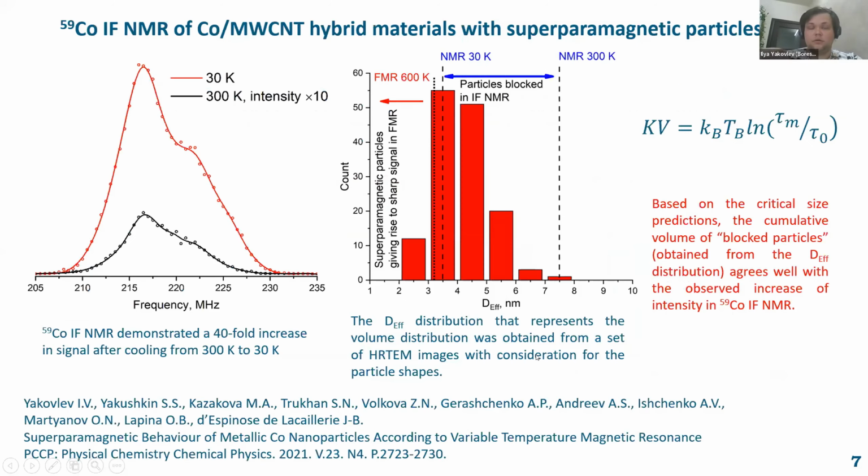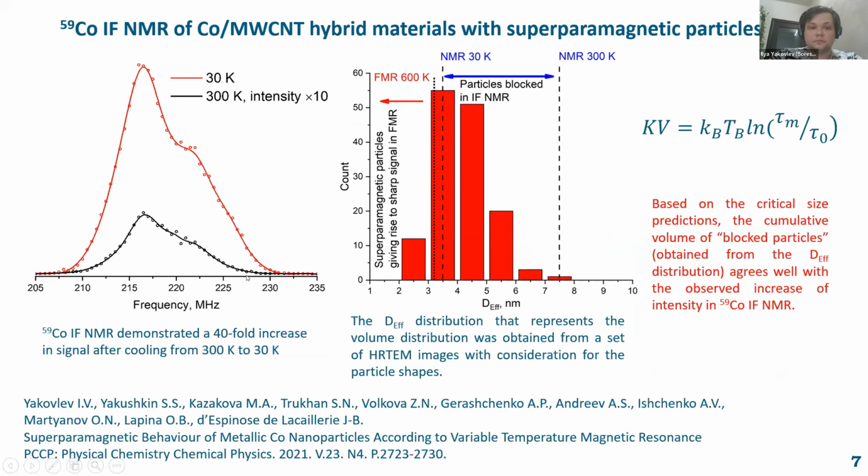And so we have recorded the internal field NMR spectra of this sample at the room temperature, the black spectrum, and at 30 Kelvin. And we have observed a more than 40-fold increase of integral intensity of the spectrum when we went down to 30 Kelvin.